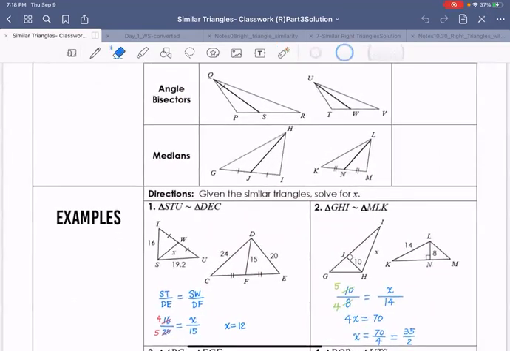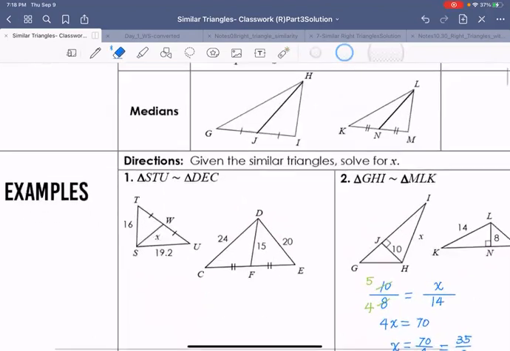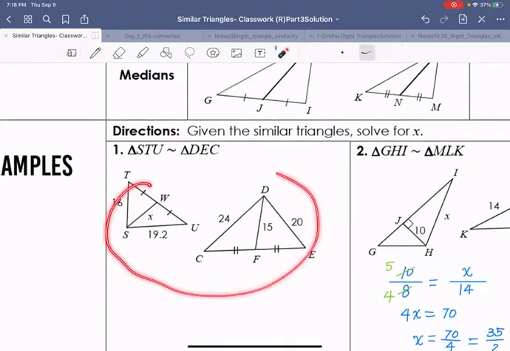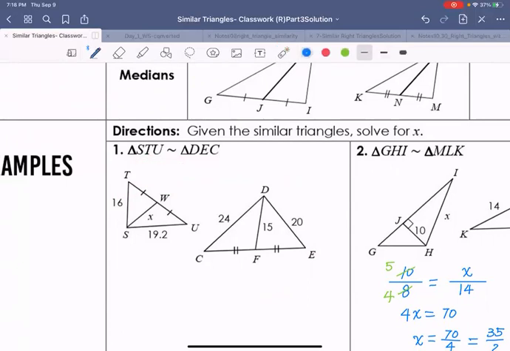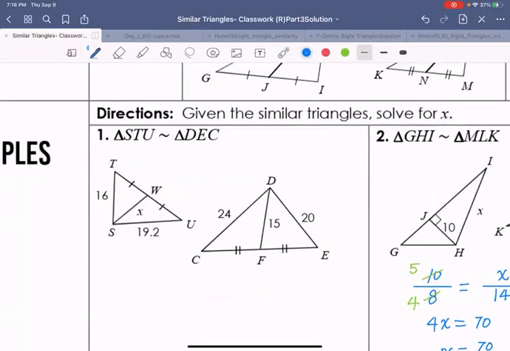Christina, can you please tell me what equation I can write down here? First, let's write down the proportionality. Go ahead. ST is 16.